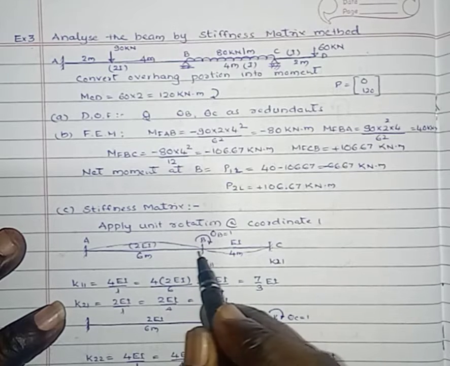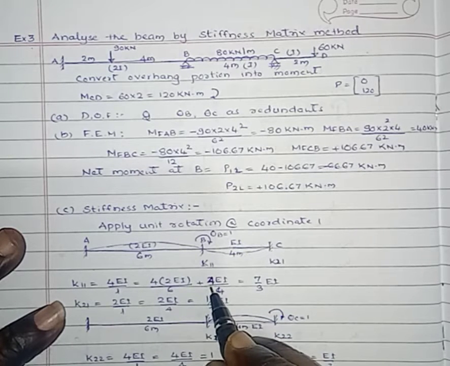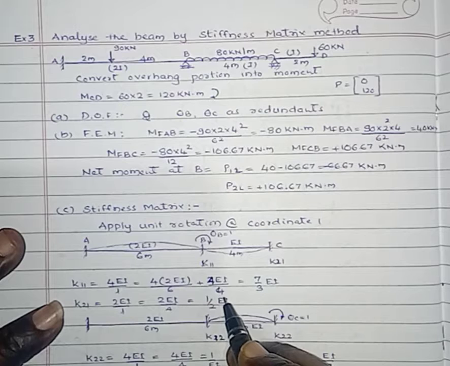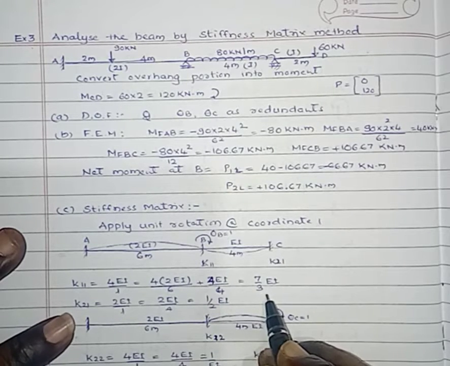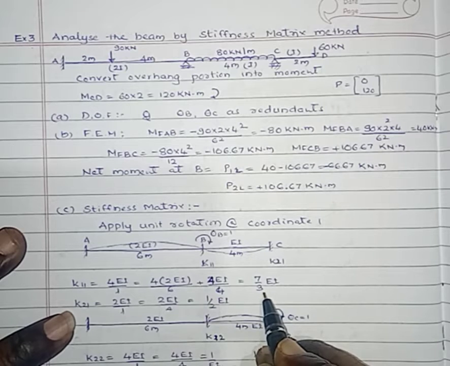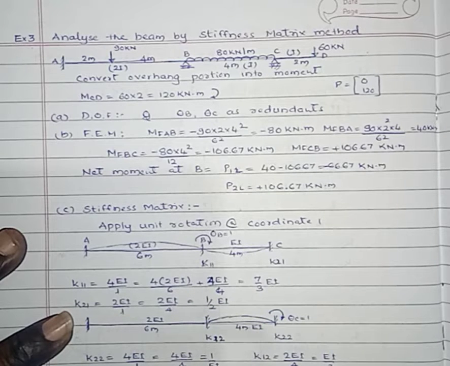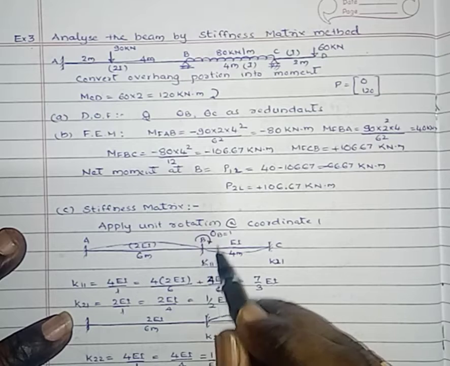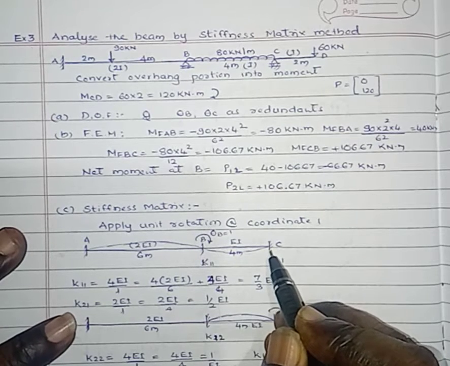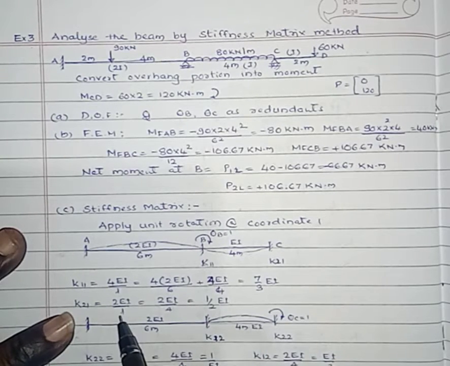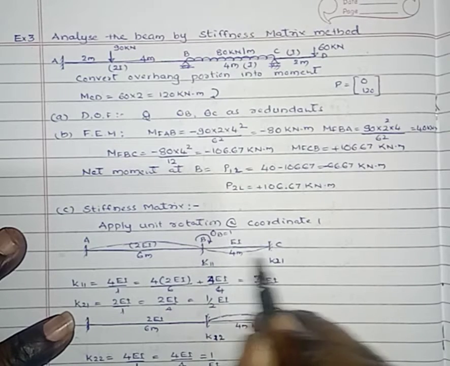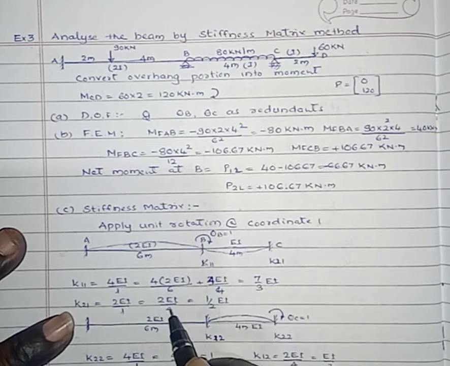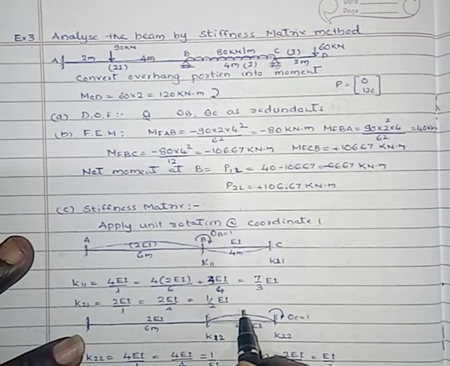This is for span BA, plus for span BC, for the near end, 4EI by L with L as 4. Then the total stiffness element K11 equals 7 by 3 EI. Due to this unit rotation, at the far end, K21 equals 2EI by L in span CB, that is 2EI by 4, which equals half EI.